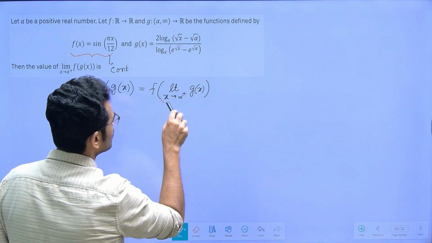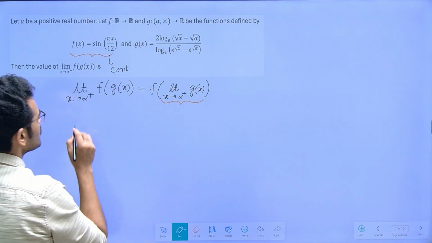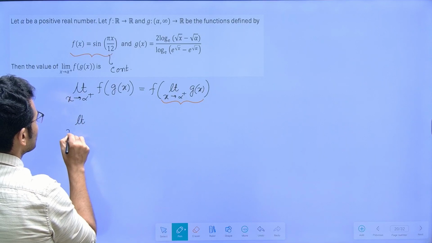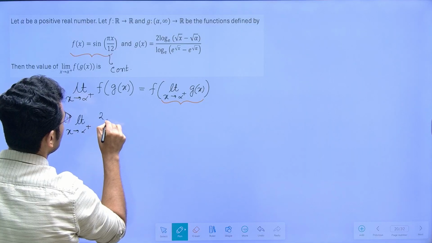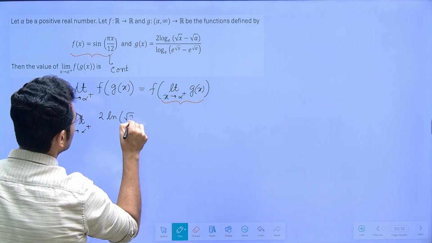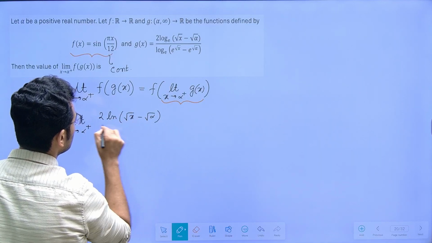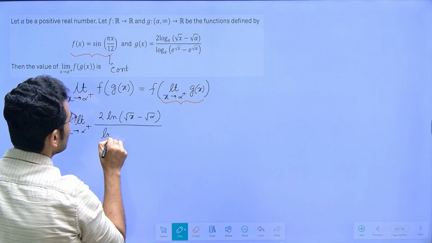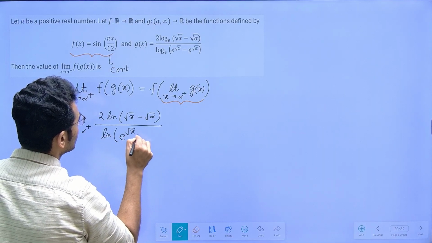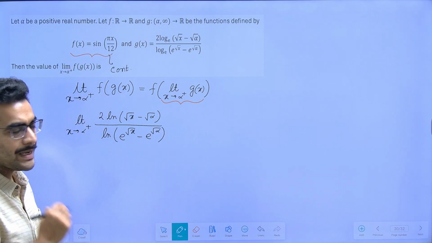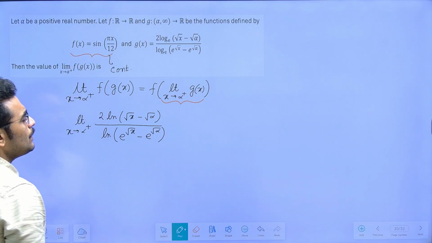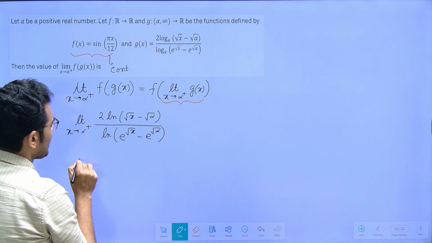Now let us concentrate on this limiting value. We need to calculate the limit as x tends to alpha plus of g(x). g(x) is 2 ln(√x − √alpha) divided by ln(e^√x − e^√alpha). This is the problem that we have. Let us keep the numerator as it is.